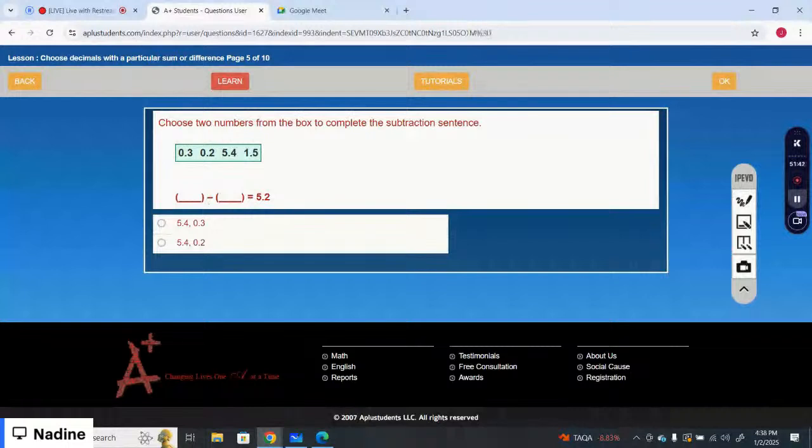Choose two numbers from the box to complete the subtraction sentence.